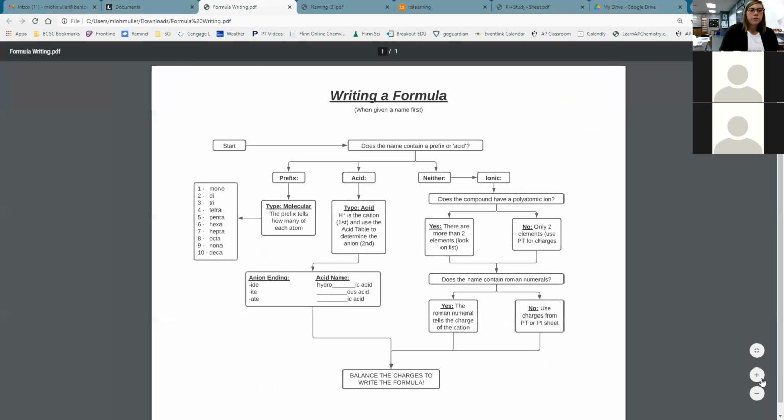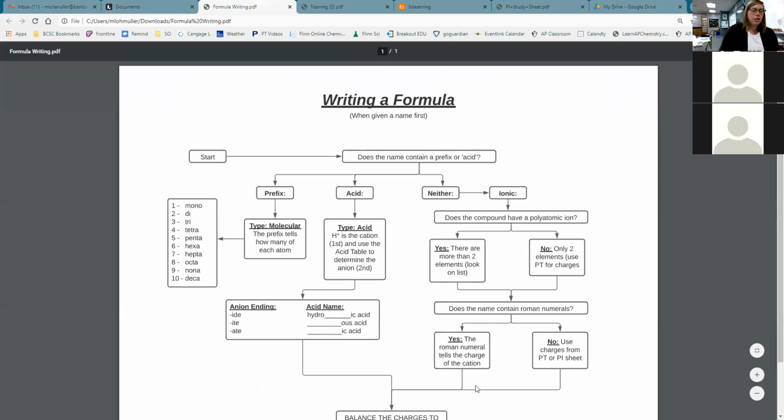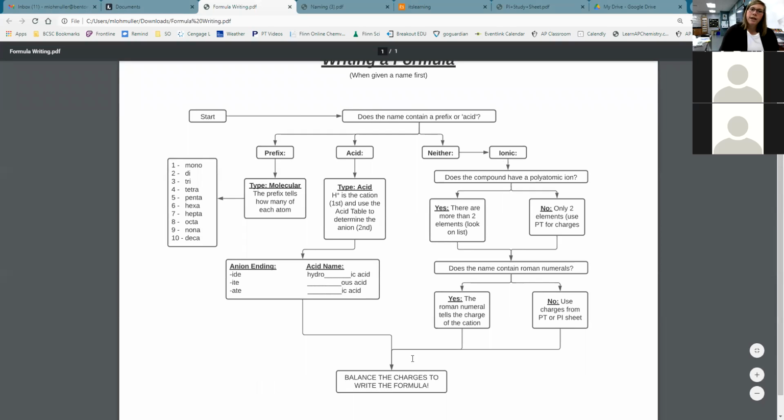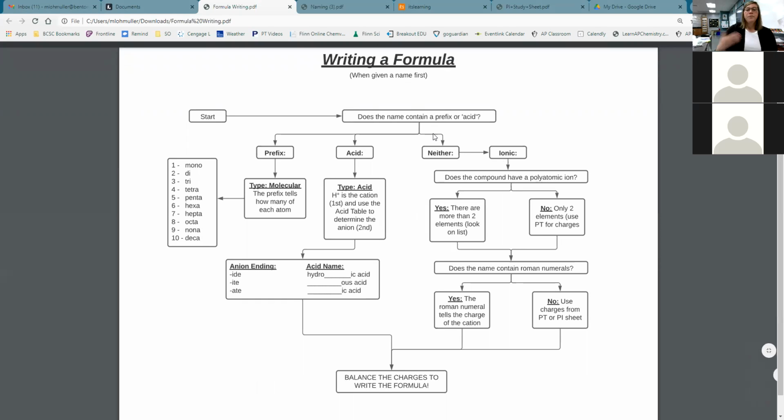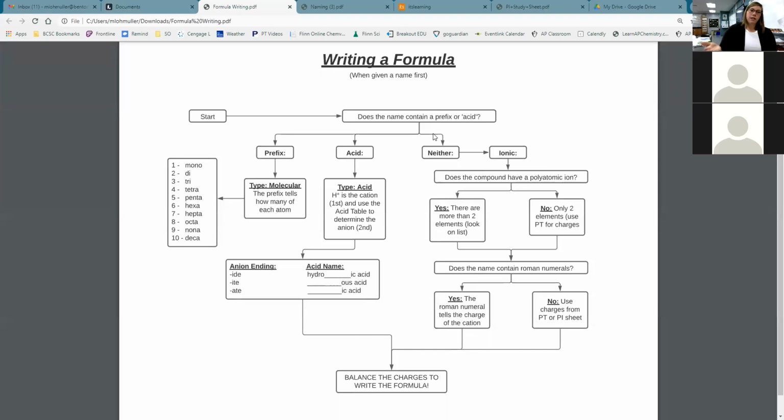So it's similar, it has a lot of the same information, but it's going in a different way, because this time we're going to be given the name first and we have to produce the formula. So this time we would be given phosphorus acid and we have to produce H3PO3, okay?